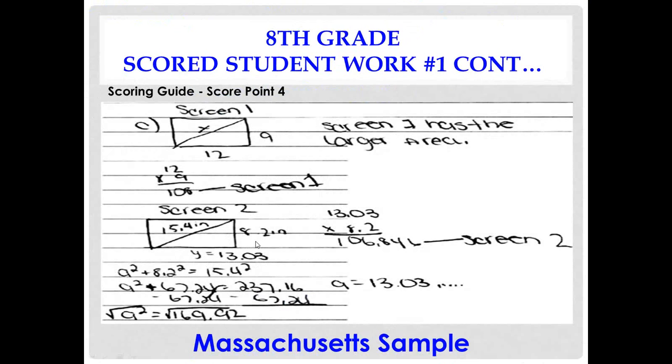So what the student did was they substituted one of the leg measurements into the Pythagorean theorem formula, and they simplified and came out with approximately 13.03 as the length of one of the legs. And they used the two measurements, the one they just found for one of the legs and the other leg, and found that the area is 106.84. So therefore, screen 1 has the greater area.